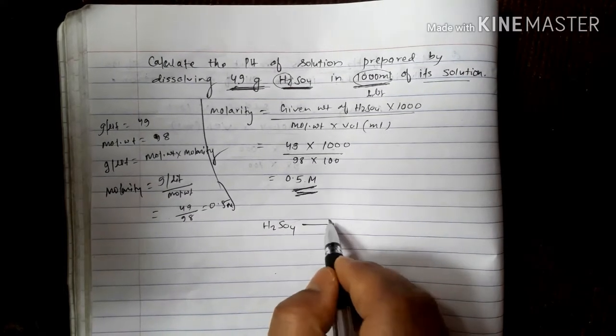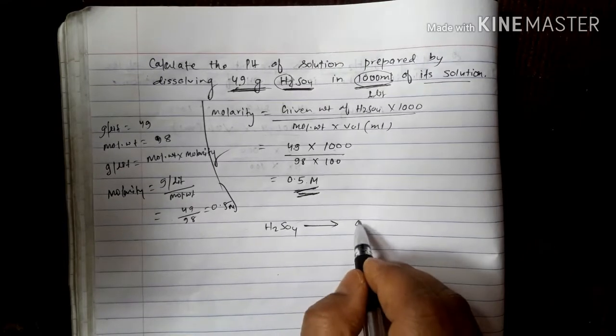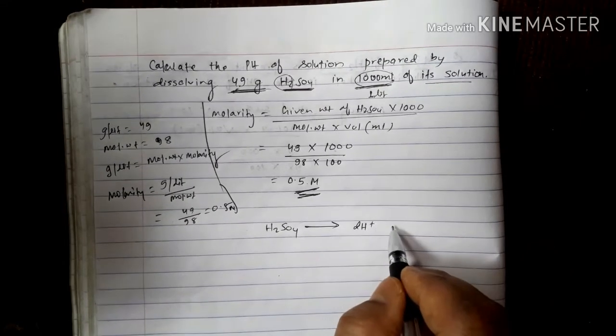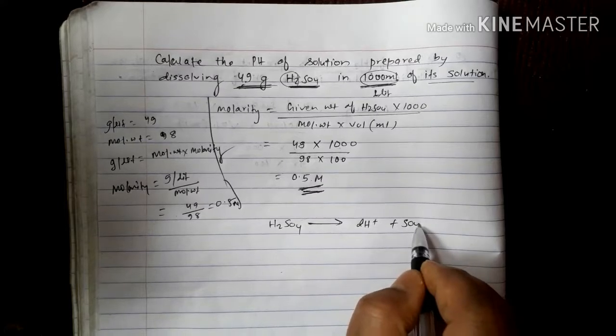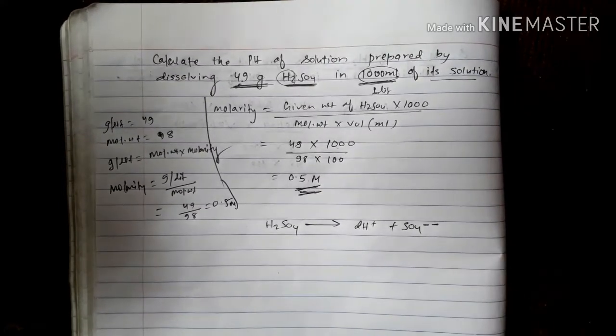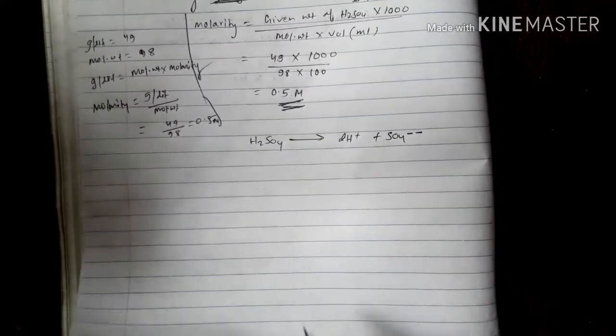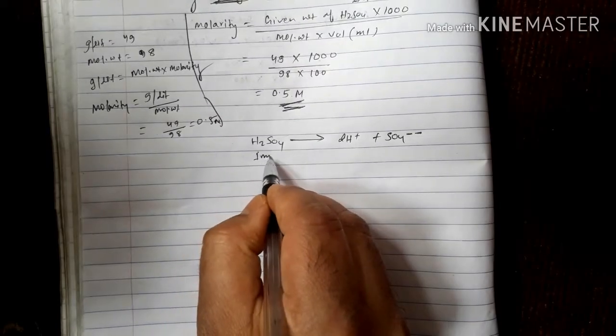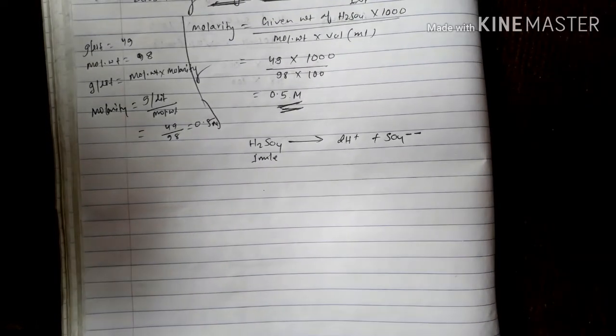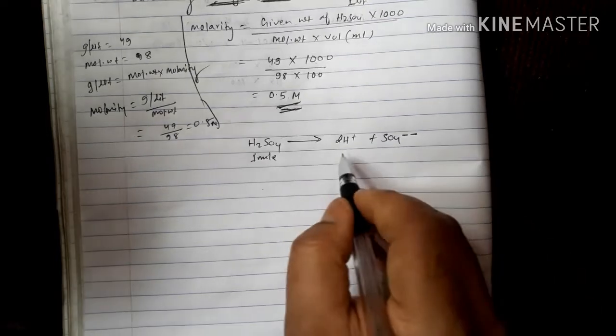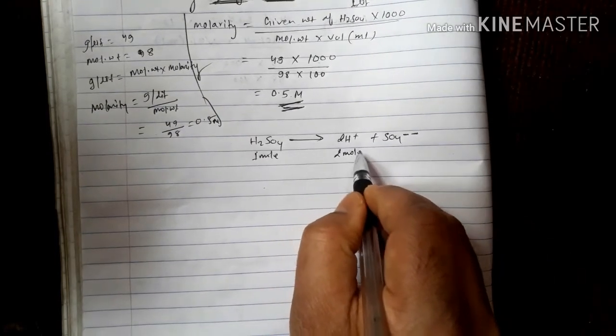After finding the concentration of H2SO4 in molarity, now we can find the concentration of H plus ion. H2SO4 is completely ionized to 2H plus and sulfate ion. 1 mole of H2SO4 when dissolved in water produces 2 mole of H plus.